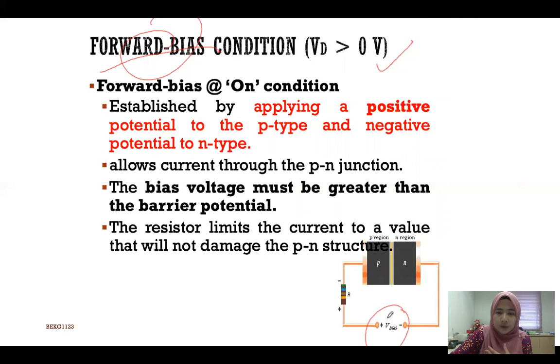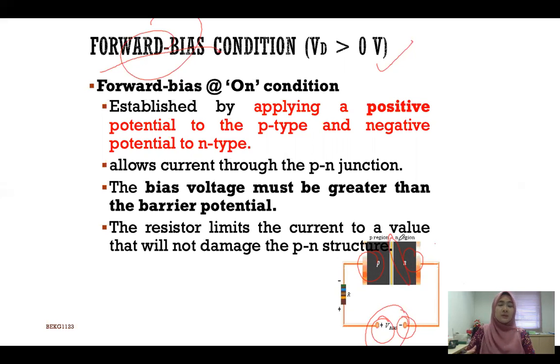We apply positive potential to the P type and negative potential to the N type. So when you apply positive to P type, negative to N type, the current will flow. Current will flow through the PN junction. Remember the PN junction in the middle.